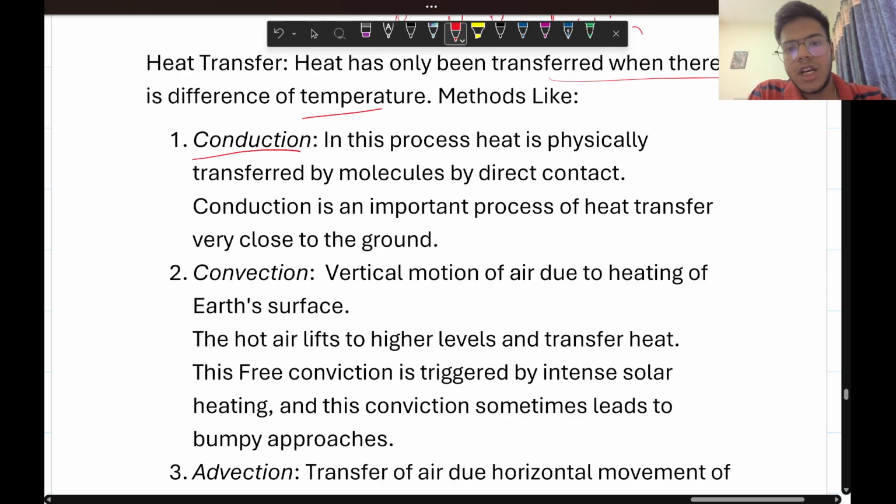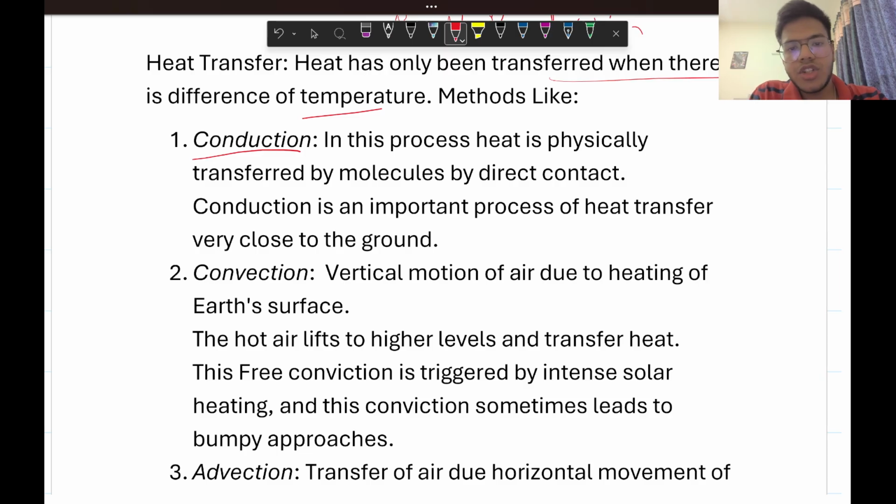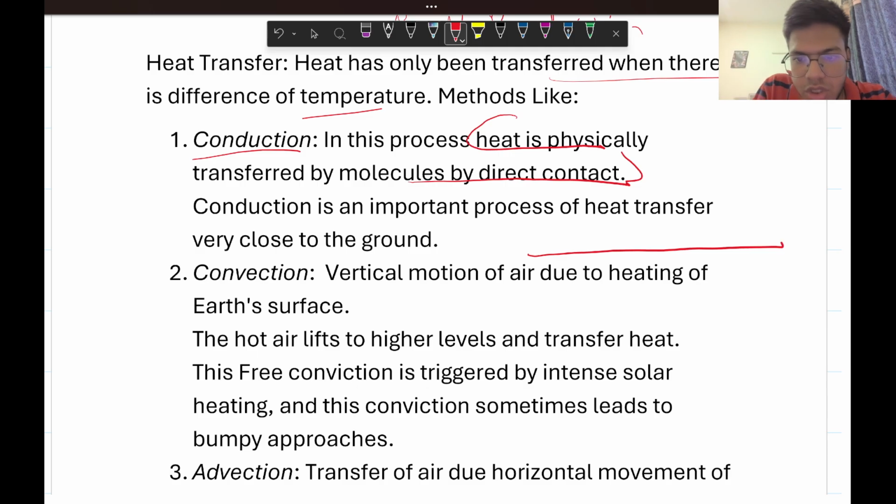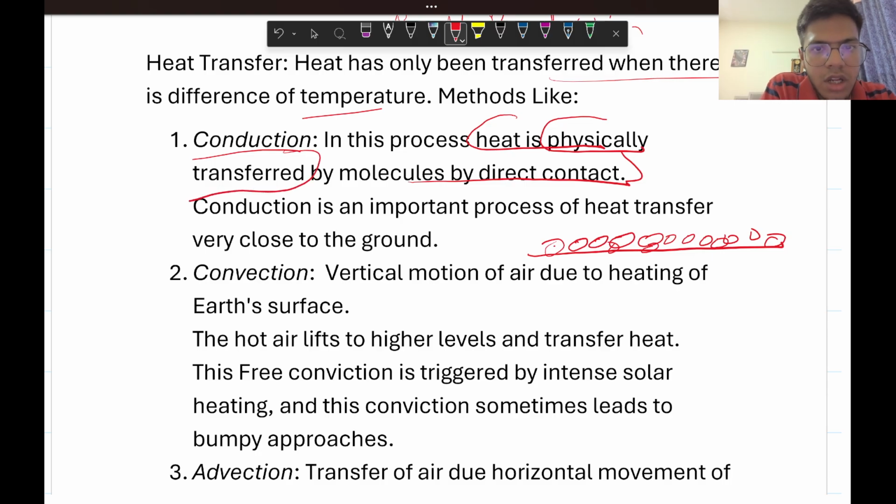Conduction. What is conduction? Guys, conduction is a process in which heat is physically transferred by molecules by direct contact. Basically, this is the surface of Earth. So, the transfer of heat very close to the ground, by the molecules which are in direct contact with the surface. This term physically transferred is very important from your exam point of view.